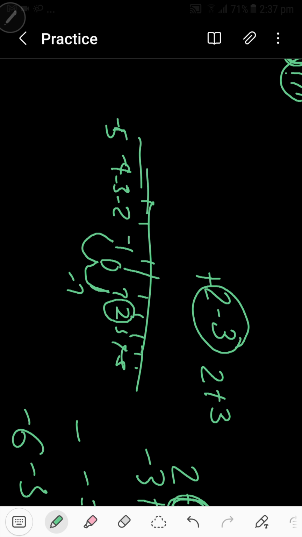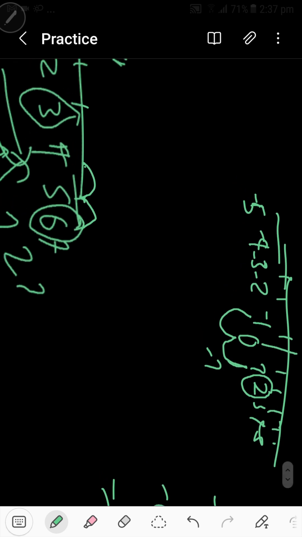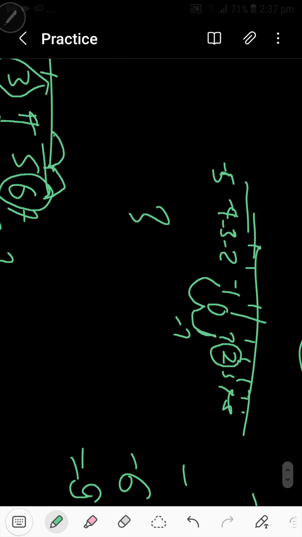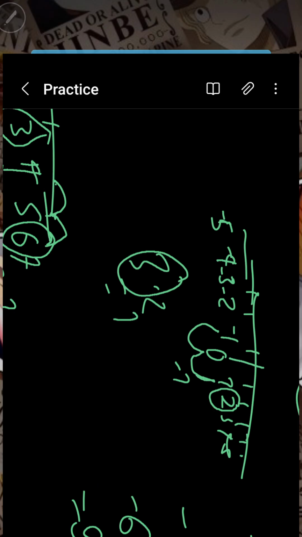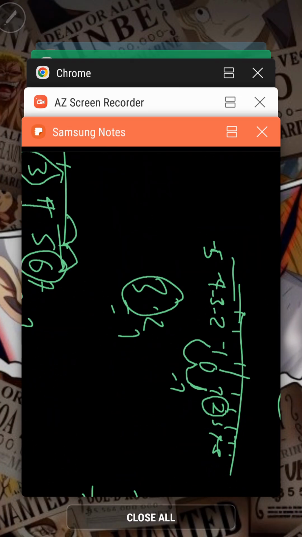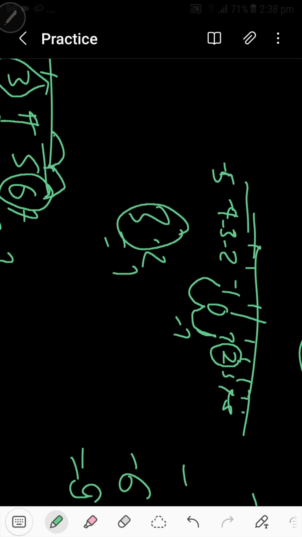How is it the answer is 1 but not minus 1? We all say it is due to 3 being the bigger number. Why is that? Well, let's say it was 2 minus 3, which is minus 2 plus 3.